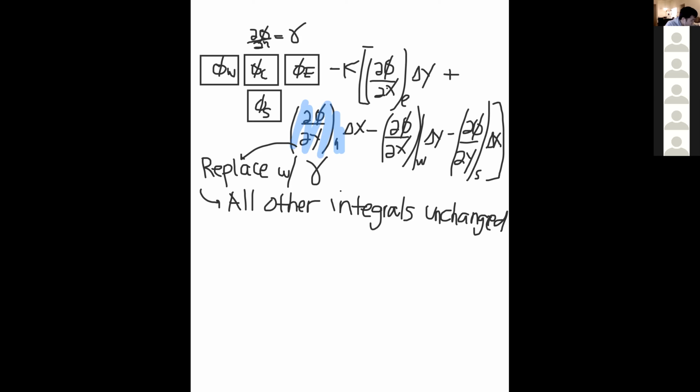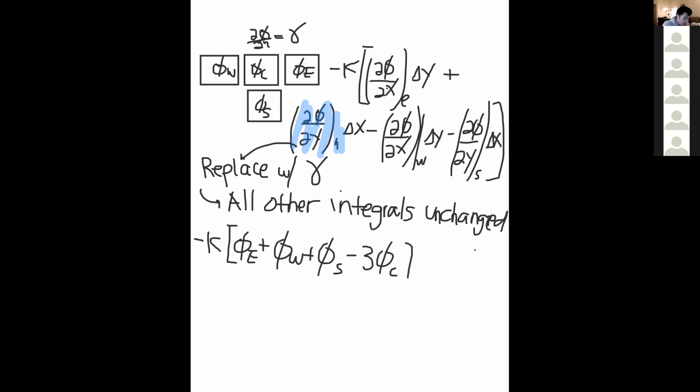If we work through the algebra, we're left with this expression. We get minus k, phi sub e plus phi w plus phi south, because those come from the integrals on the east, west, and south faces, so those are unchanged.